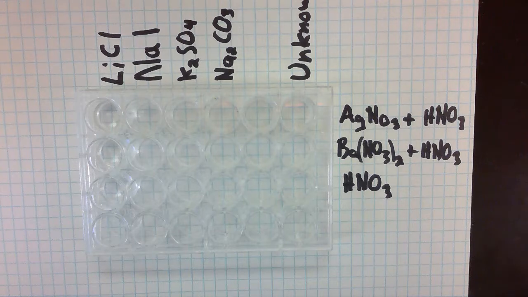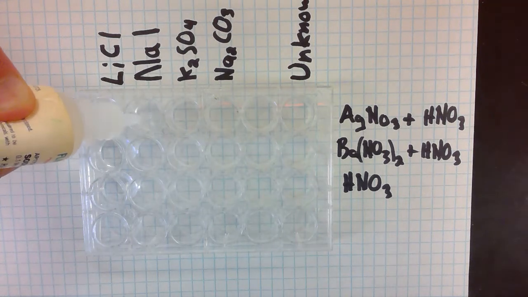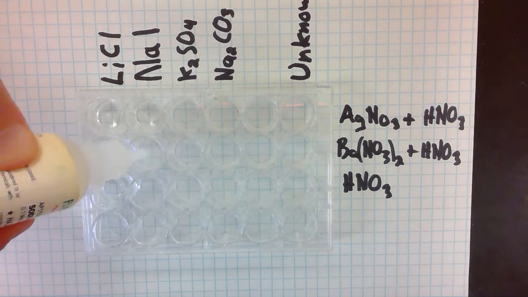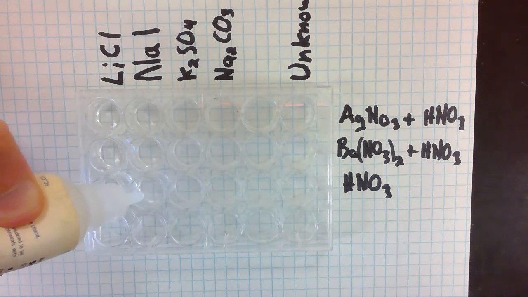Okay, and then in the second column you see I have NaI, that is sodium iodide. So let me add some sodium iodide to these 3 wells. I think the instructions call for a few drops, but really we just need a quarter to a halfway full, something like that.